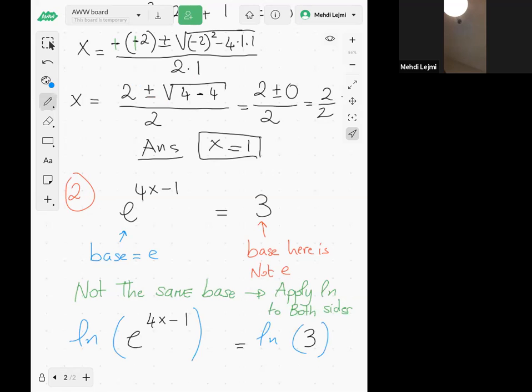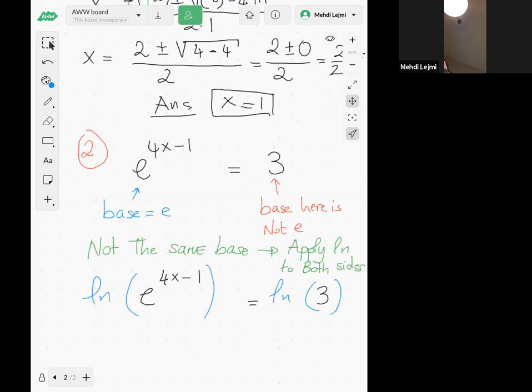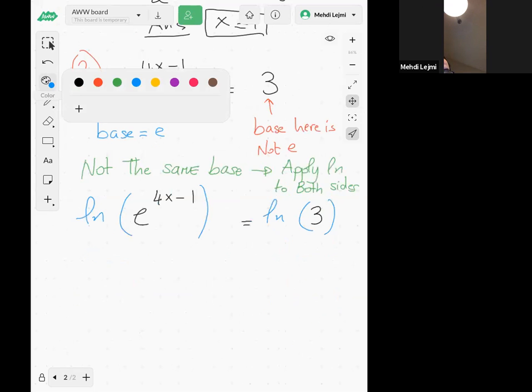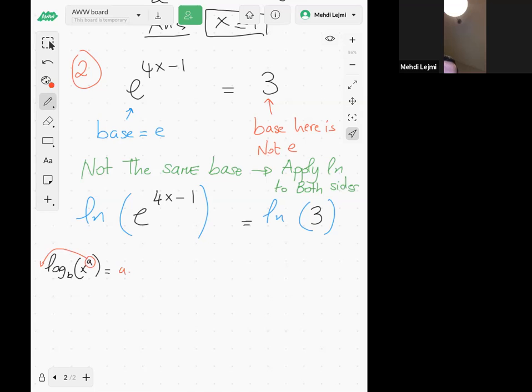All right, once you apply this natural log, the idea is to bring down this power. When you have a log in base b of x to the power a, you can bring down this power in front of the log. That'll be a times log in base b of x.